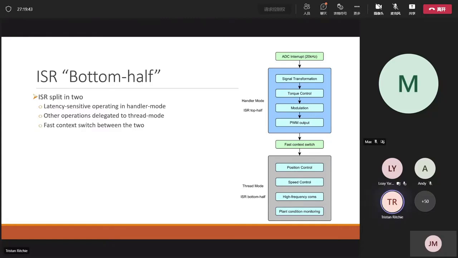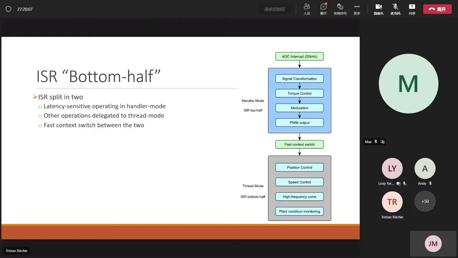However, using this fast context switch mechanism, we are actually able to delegate quite a lot of the other processes that are synchronized to the ADC interrupt, such as maybe lower bandwidth control systems, speed or position control, high frequency communication, plant condition monitoring, things like this.